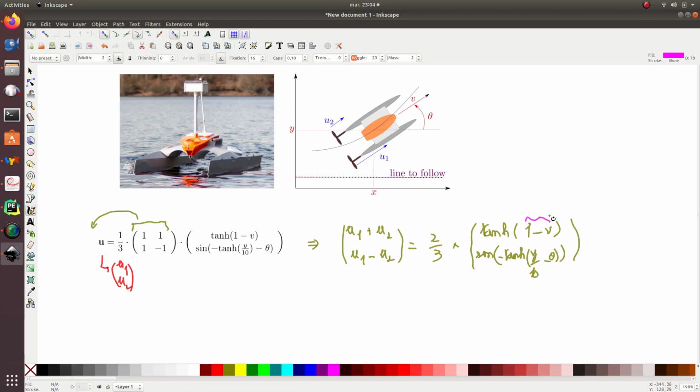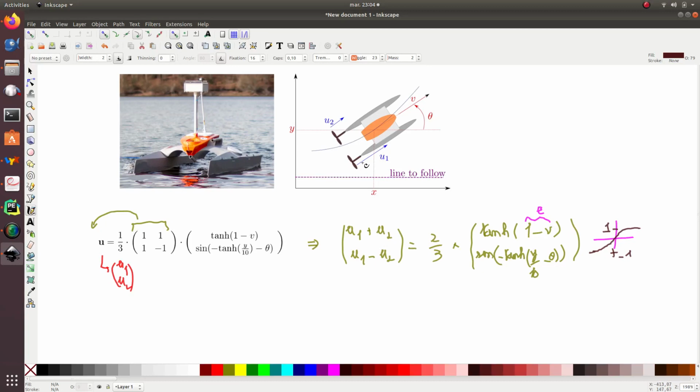This corresponds to some kind of error on the speed, and the tangent hyperbolic, let me recall, is something like this, with here minus 1 and 1. So what would happen if the speed of the boat v is less than 1, then u1 plus u2 will be positive.